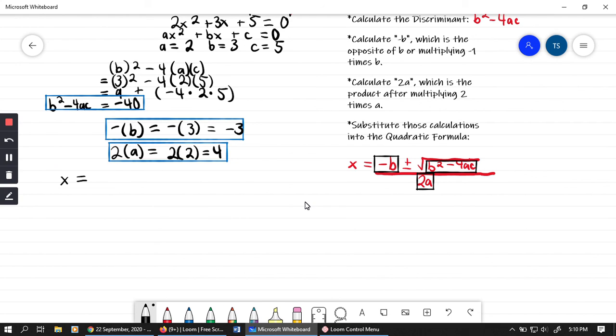So next, we're plugging in those calculations into the quadratic formula. The opposite of b, we calculated as negative 3, plus or minus the square root of the discriminant, which is the part that's technically up under the square root, and we calculated that as negative 40.